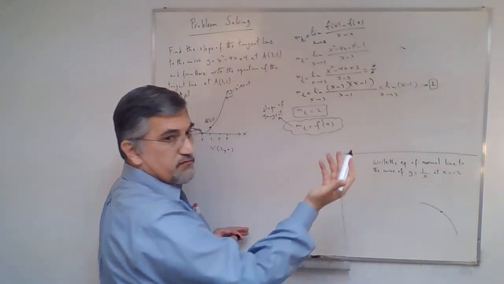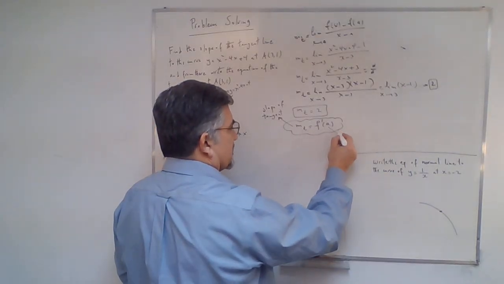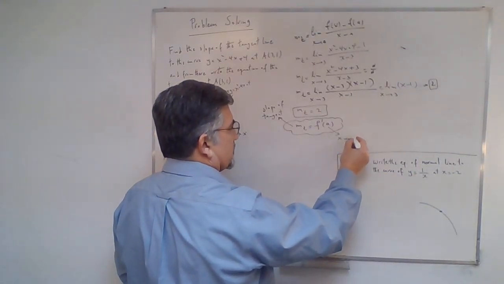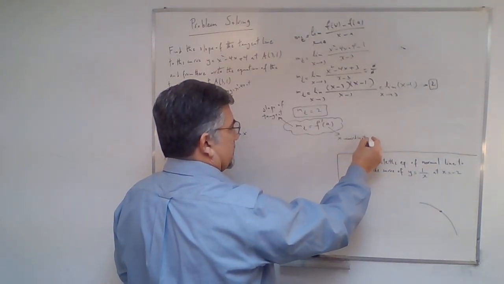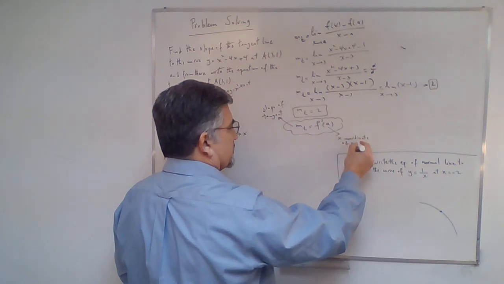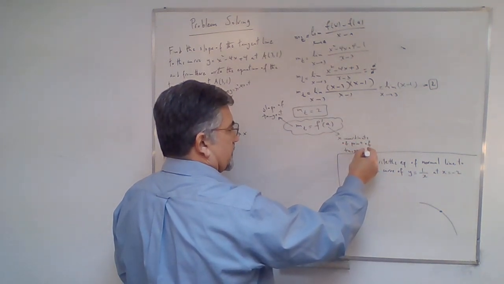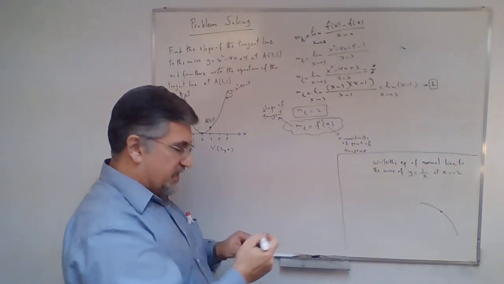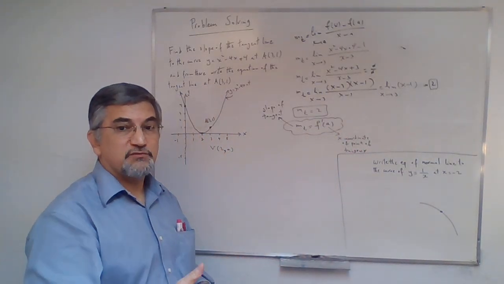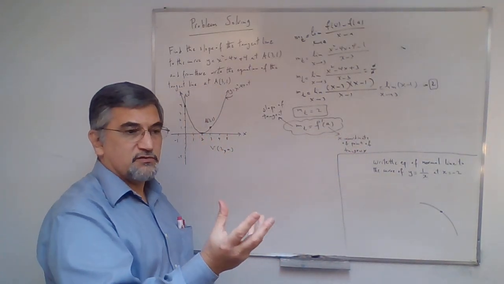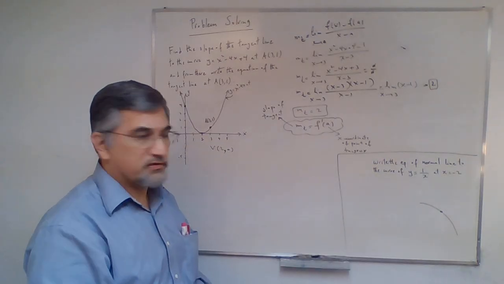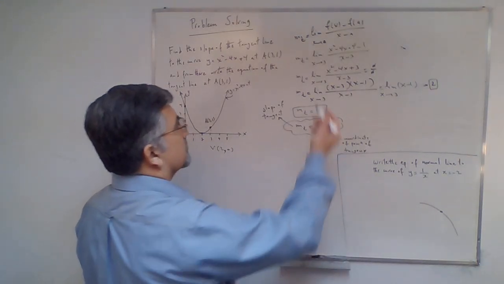In this case, a is, of course, 3. So this a is the x coordinate of point of tangency. And f prime at a means we are evaluating the numerical value of the derivative at the x coordinate of point of tangency. So what is the derivative of this function?